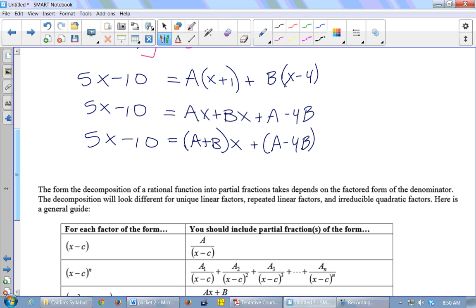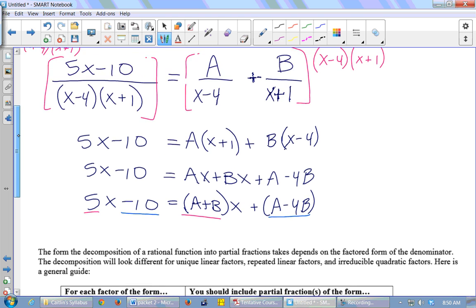All right, so now I can match up. The 5 is a coefficient on x on the left. That has to be the same thing as the coefficient of x on the right. So 5 has to equal a plus b. These have to be the same. And my constant term, negative 10, has to equal that constant term in order for the left and right to be equal.